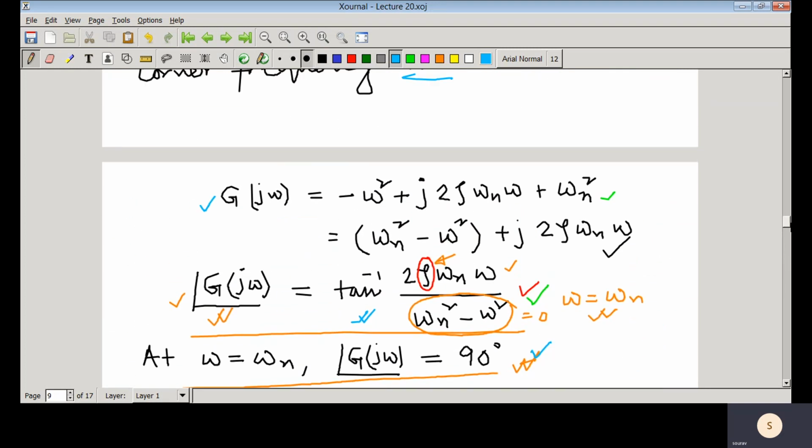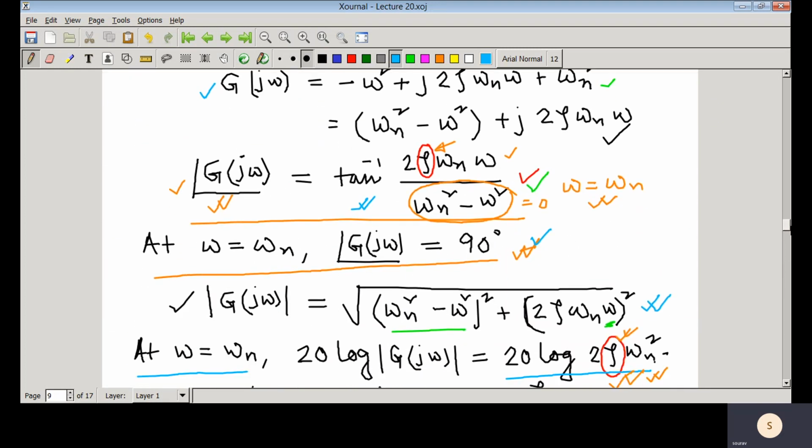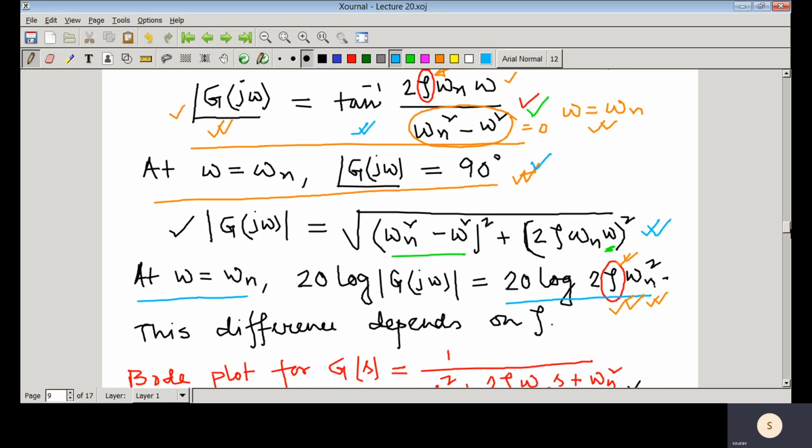Now one interesting thing that we have discussed in the last class, that means if we calculate what would be the actual magnitude, the actual magnitude is this one, that is omega n square minus omega square, this thing. At omega equal to omega n, that means at the corner frequency, you can see that this term would be equal to 0, but this other term would be there.